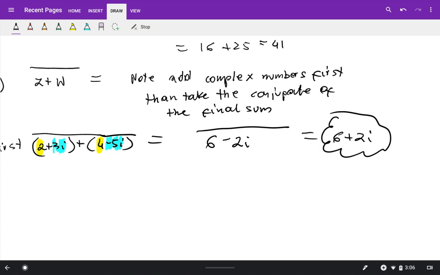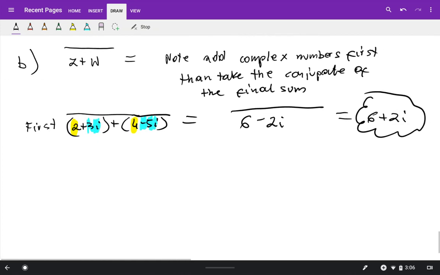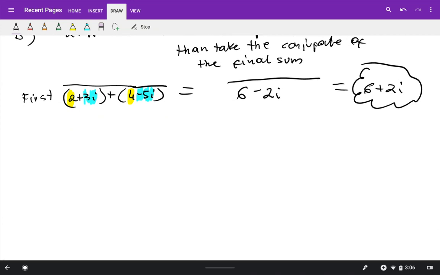Okay, so let me start giving you a couple definitions about complex numbers and their conjugates. So this is the definition: the conjugate of a real number is the real number itself.